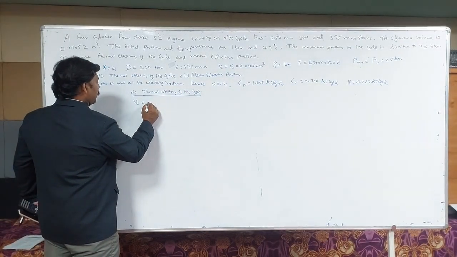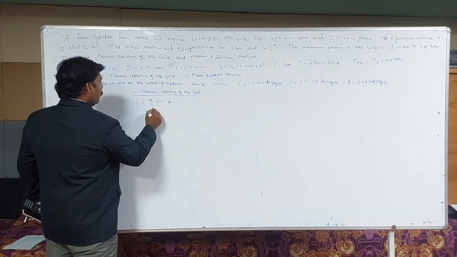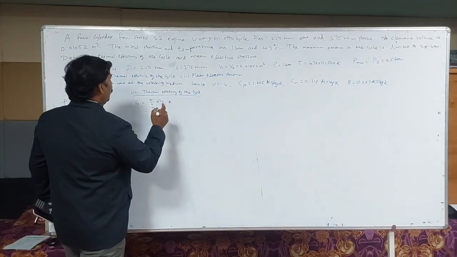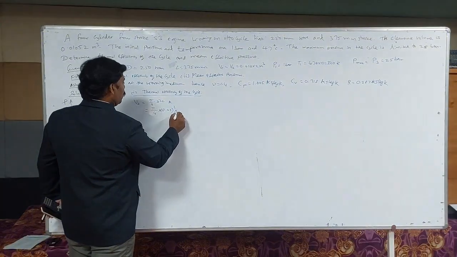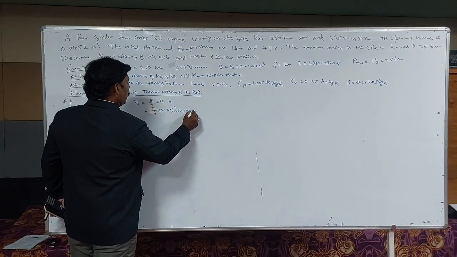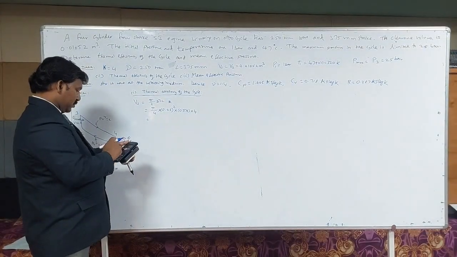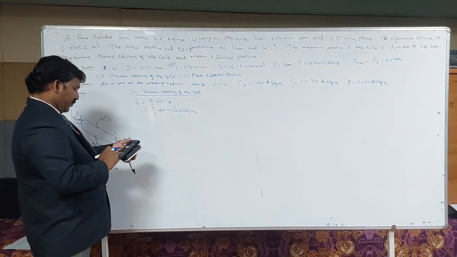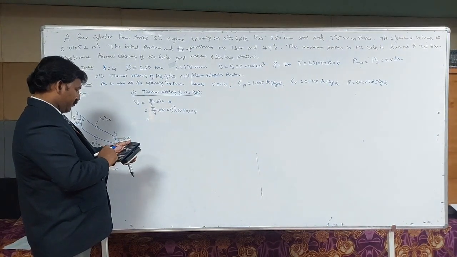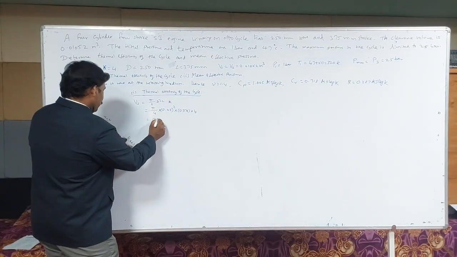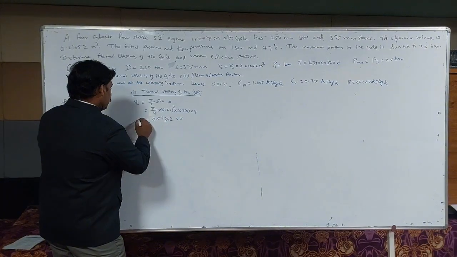It is equal to pi by 4 D square L into K. So pi by 4, D is the bore, which is 0.25 the whole square, and L is the stroke, which is 0.375, and number of cylinders is 4. So you will get pi divided by 4 into 0.25 square into 0.375 into 4, which is 0.07363 meter cube. This is Vs.